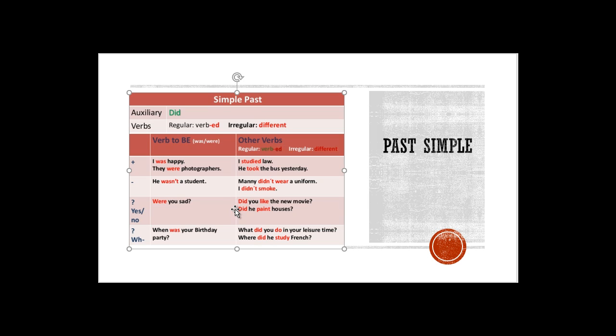I worked at the Robles school. You studied at Gimnasio Robles school. And when it comes to write questions, we have to use the auxiliary did. Okay, guys, the auxiliary did.